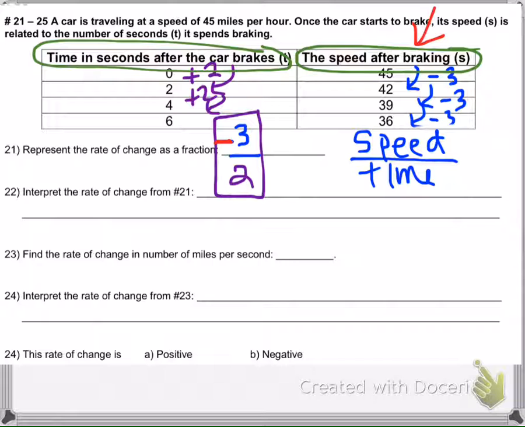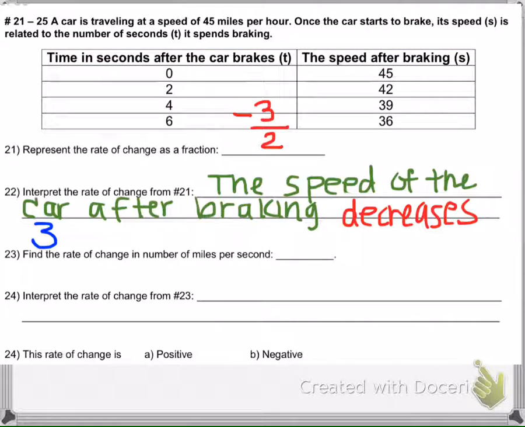So the speed of the car decreases while braking 3 miles per hour every 2 seconds. So I'm writing the speed of the car after braking decreases, because that's what the negative represents, decreasing. So it decreases 3, and it's the speed.